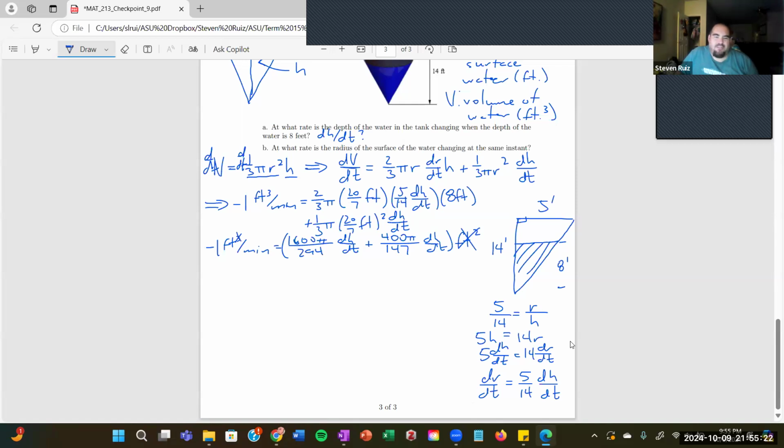So now what I have is this. -1 feet per minute equals, let's do ourselves one more favor here. Actually, they have a really nice common denominator. 147 is exactly half of 294. So this becomes 1600 pi plus, now let's actually take the time and do this carefully.